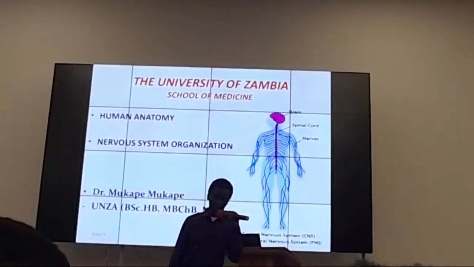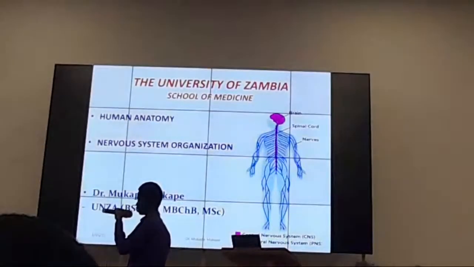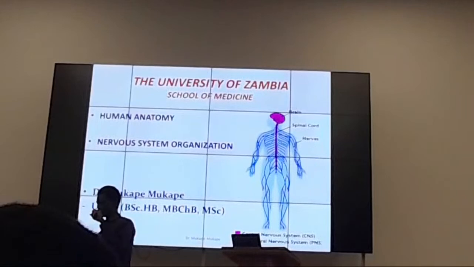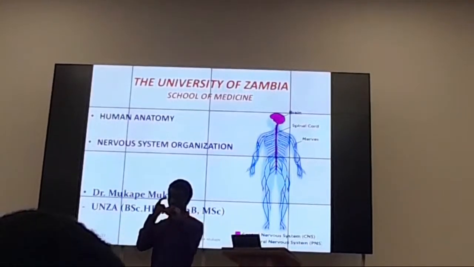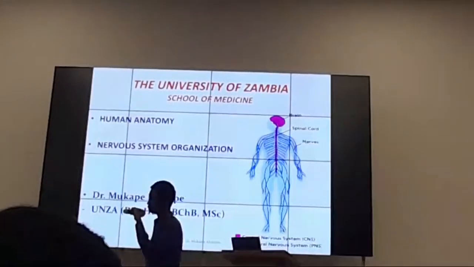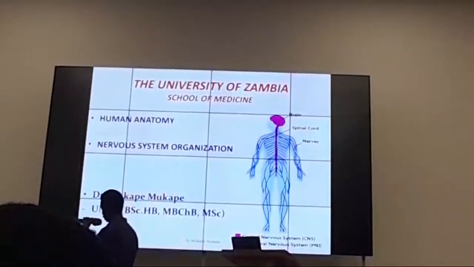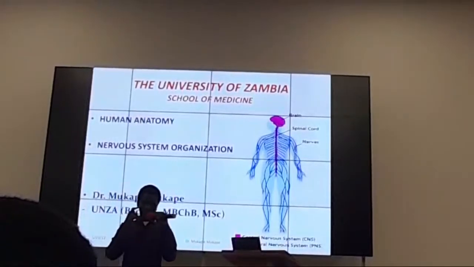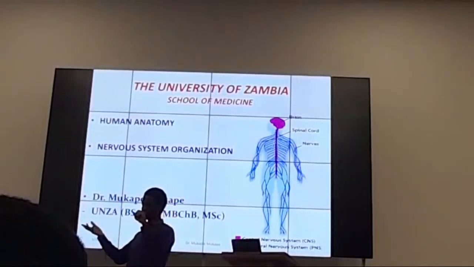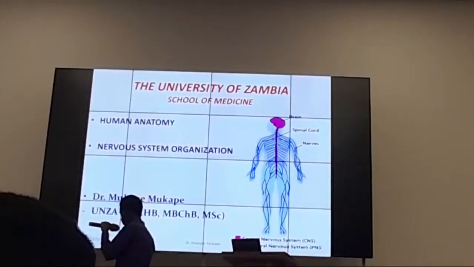Very good. So there are two subdivisions of the efferent division. We have the somatic division, somatic motor division, and we have the autonomic division. So somatic division versus autonomic division.